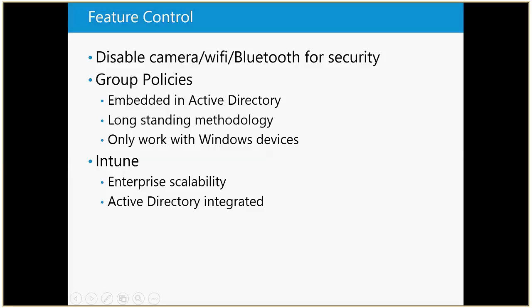Windows Intune is Active Directory integrated, and if you're using Windows devices, it leverages that integration and optimizes very well. But it's not limited to this. It actually will control other devices, including Android and iOS. In order for this to work, you have to get a file from the vendor of the device. This file tells Intune what capabilities the device has and how to control it.